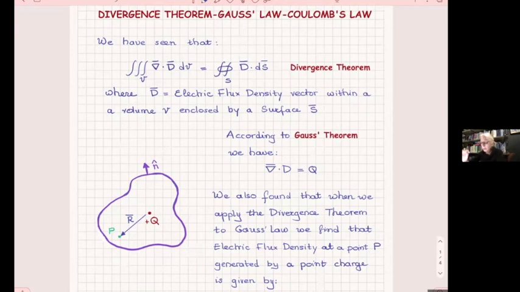So that's what I wanted to say. I remind you here, what is the divergence theorem? All right, the divergence theorem says that if I have a vector D, for now, let's assume it's any vector D, the volume integral around a volume which I define, and you see the volume here, this volume is enclosed by a closed surface.